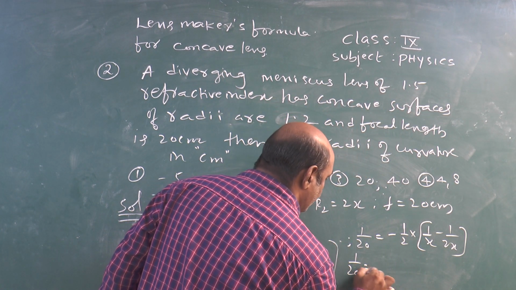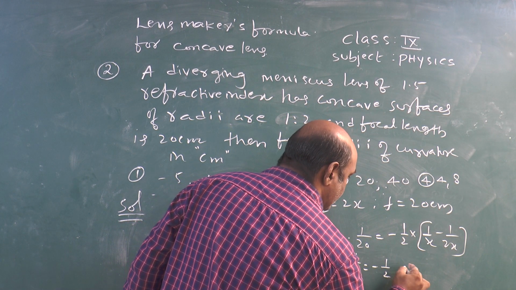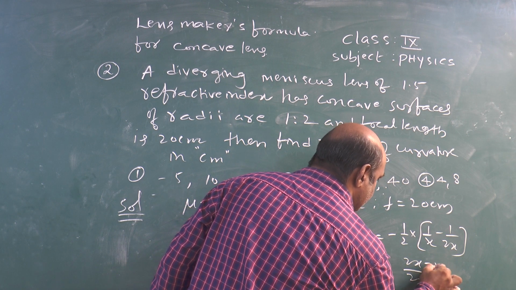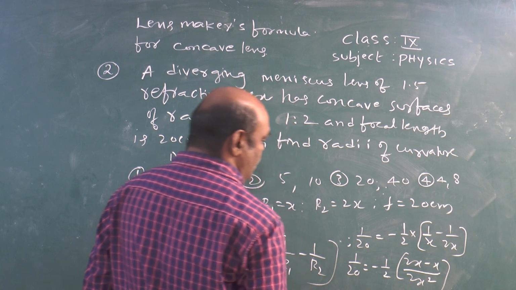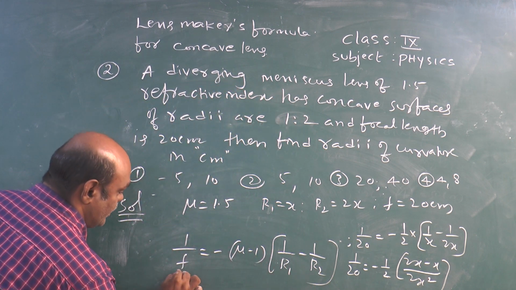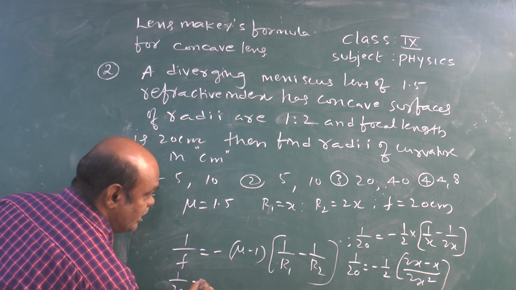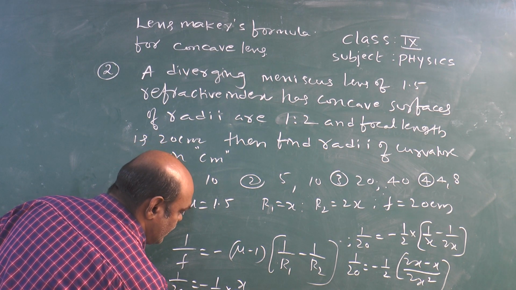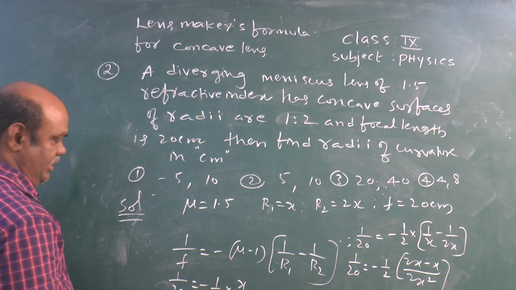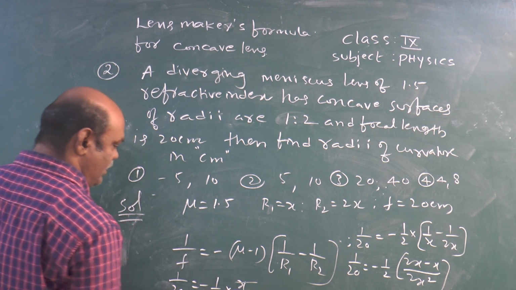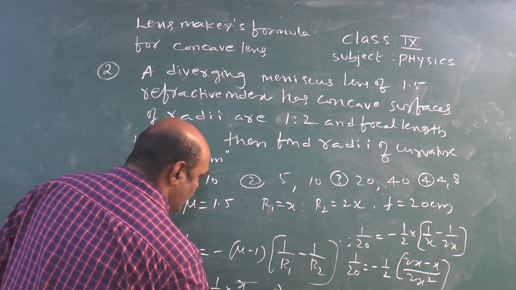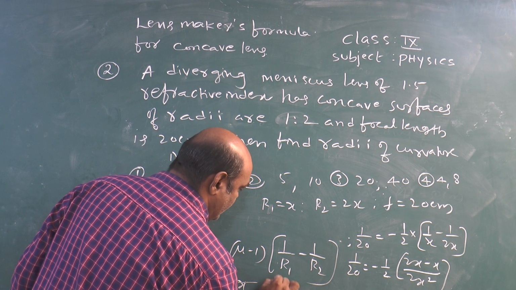So 1 by 20 equal to minus 1 by 2 into, 2x minus x over 2x square. So in this we can write, 1 by 20 equal to minus 1 by 2 into x by 2x square. So here x cancels, and 4, 5 times cancel. Therefore x equal to minus 5.